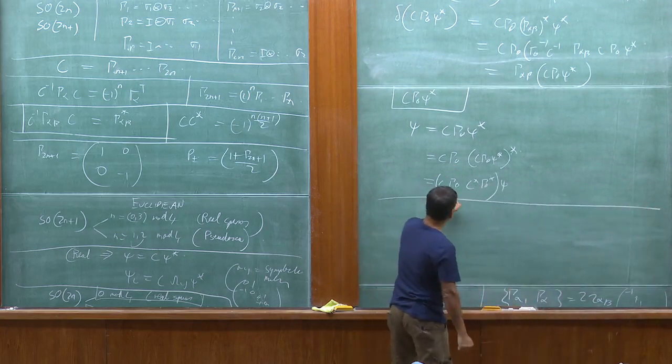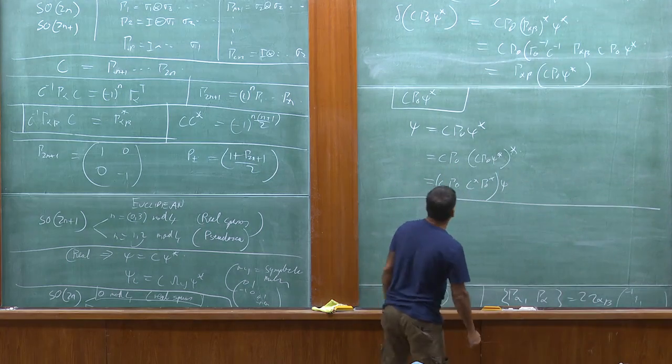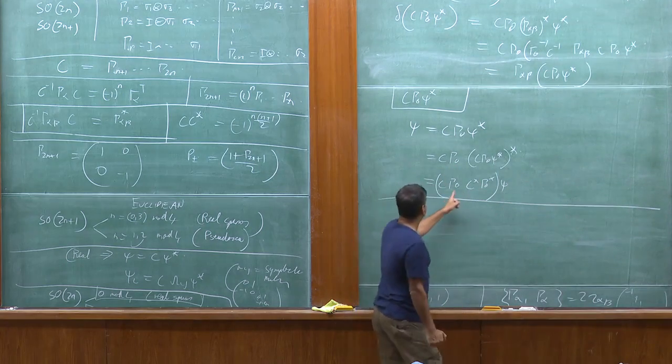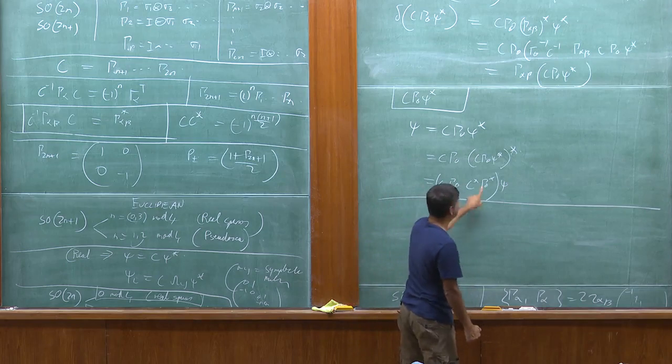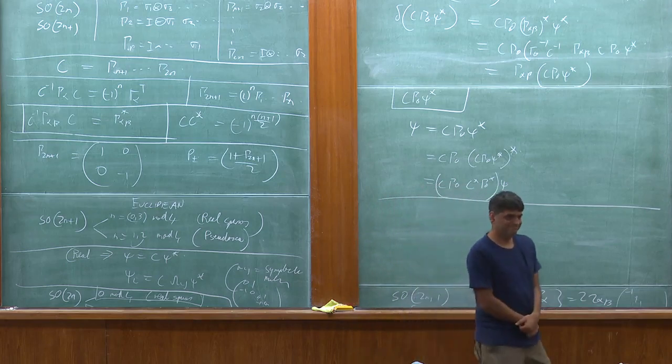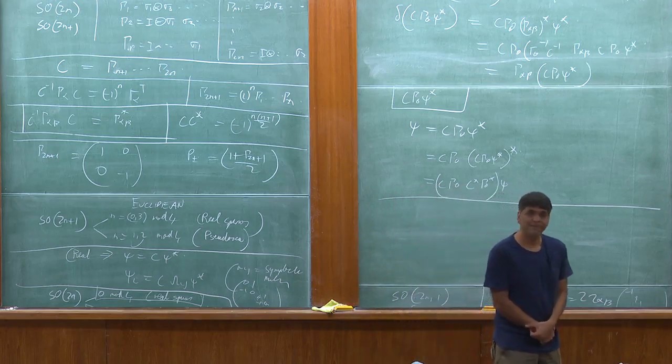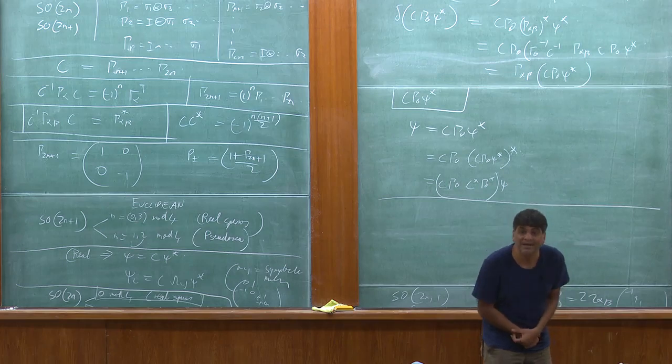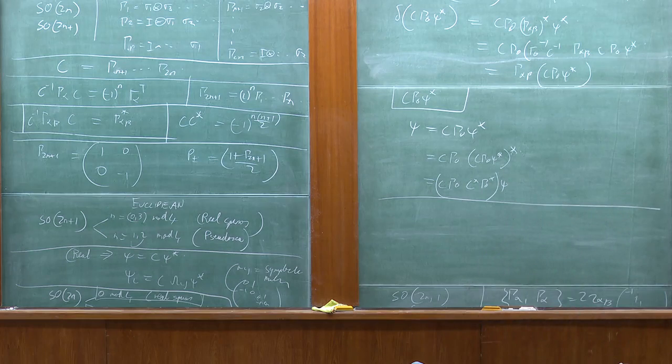Okay, so first thing, let's do the following. First, let's take gamma 0 through C star. We already know C star. C star is basically a product of n gamma matrices, one of which is gamma 0.